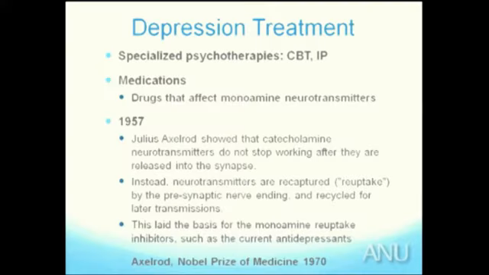This laid the basis for the idea of those proteins, which were later called the transporters. They transport what's being secreted into the synapses back into the presynaptic neuron. So this laid the basis for the monoamine reuptake inhibitors, such as the current antidepressants.